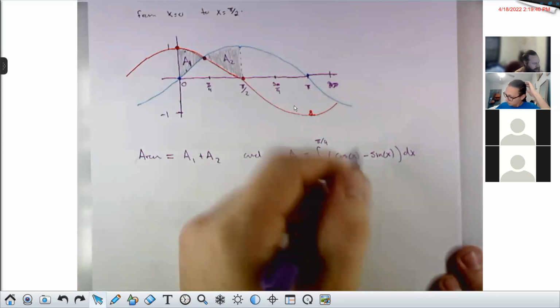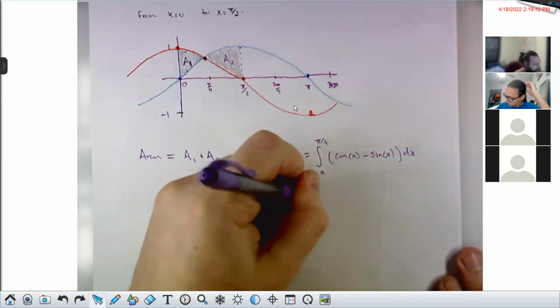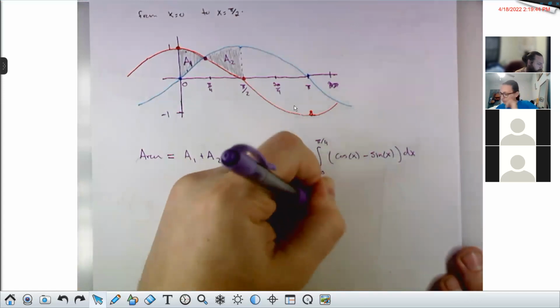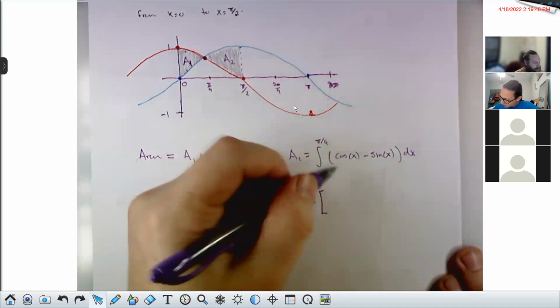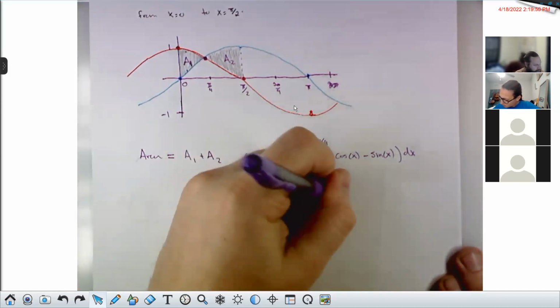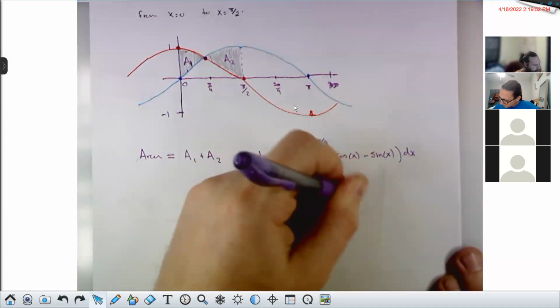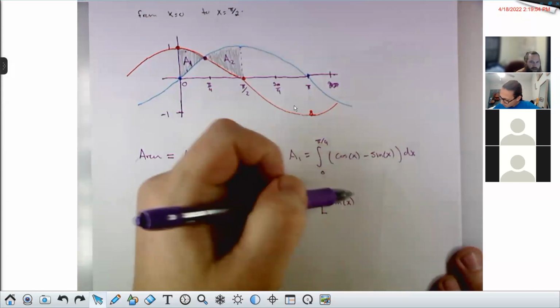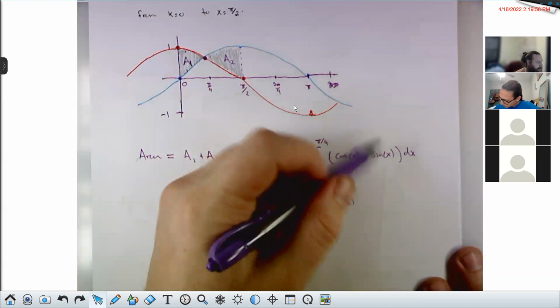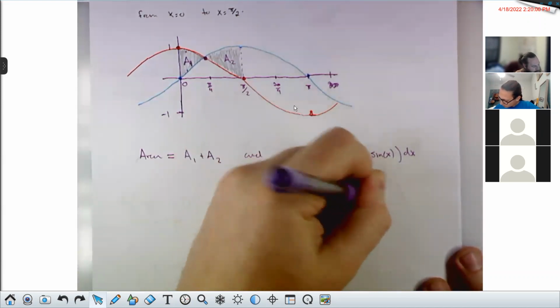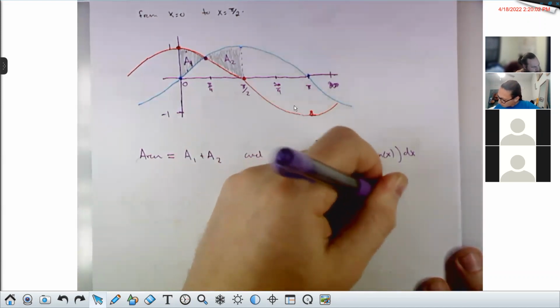Let's go ahead and grind this out. So I need an antiderivative for cos x minus sine x. Antiderivative for cos x is sine x. Antiderivative for sine x is negative cos x. So I'll have minus negative cos x makes plus cos x.